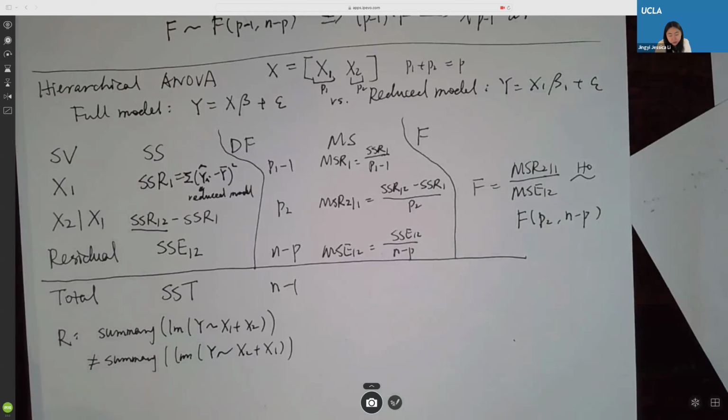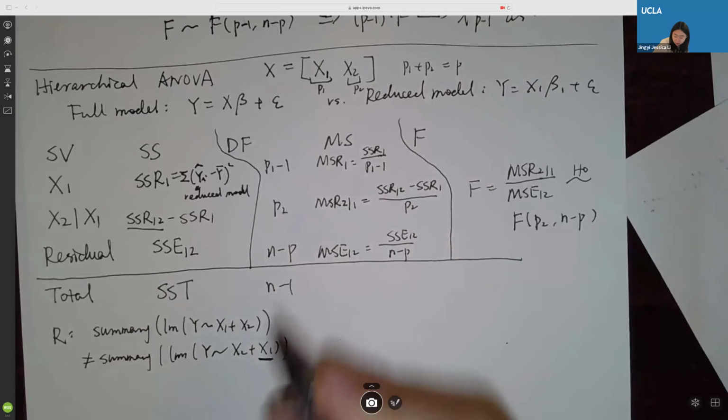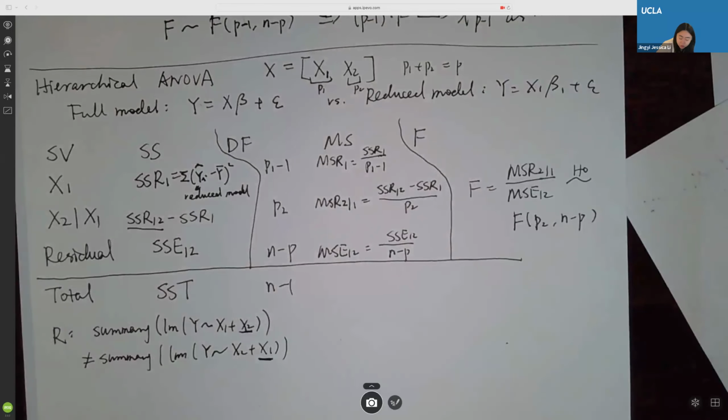It has a different order of models. Here the first model is X1 only, and then you add X2. While in the bottom, you first have a model with X2 only, and then you add X1. In other words, this ANOVA will help you detect the effects of X1 in the full model, while the first one will detect the effects of X2 in the full model. So we should use that carefully.